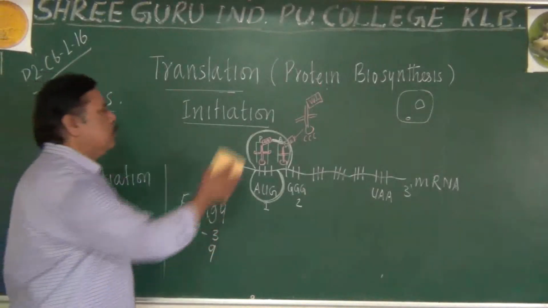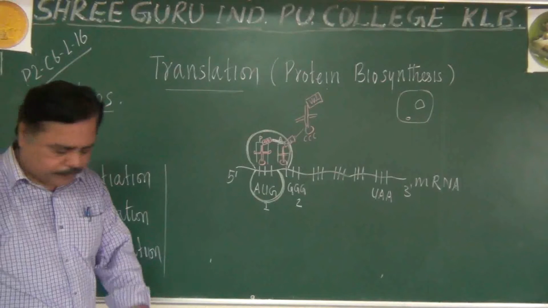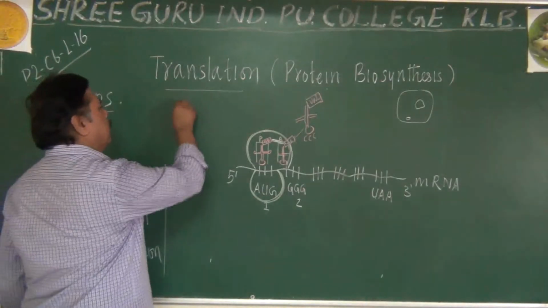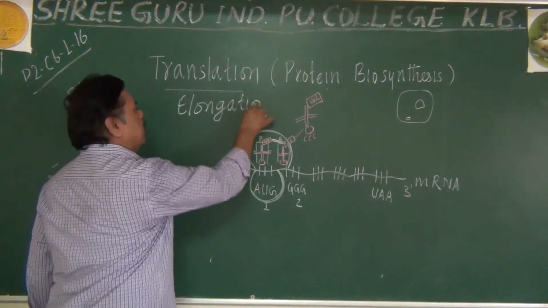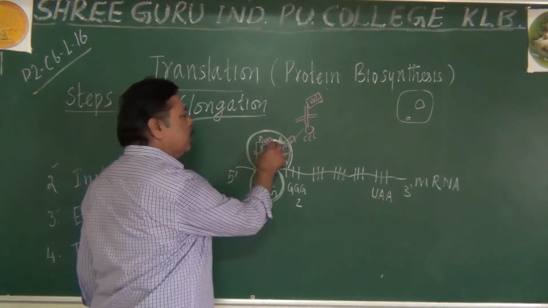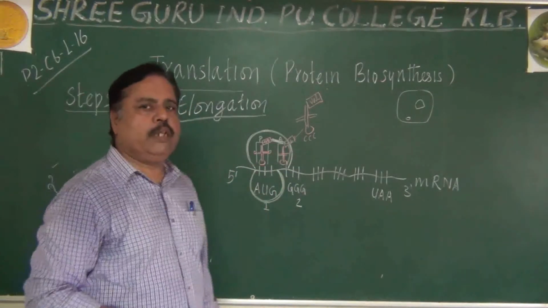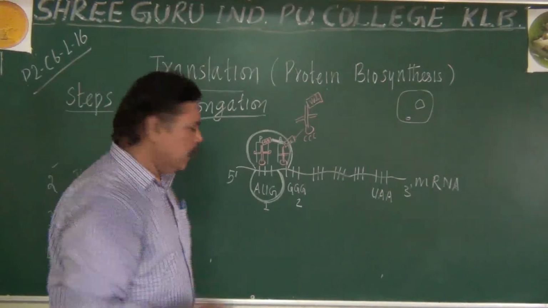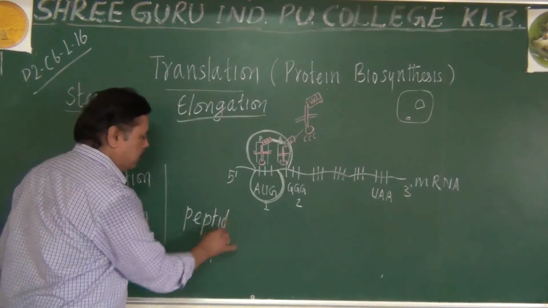I am talking about elongation. Initiation is over. Same diagram I will use for elongation. Between methionine and the second amino acid, one bond will be created. The name of that bond is peptide bond.